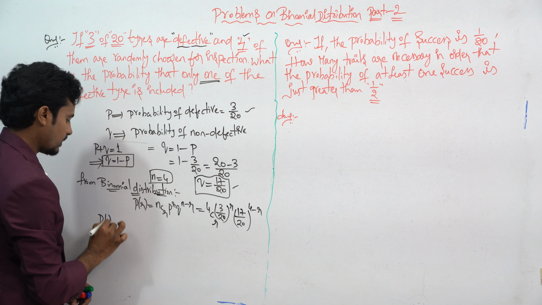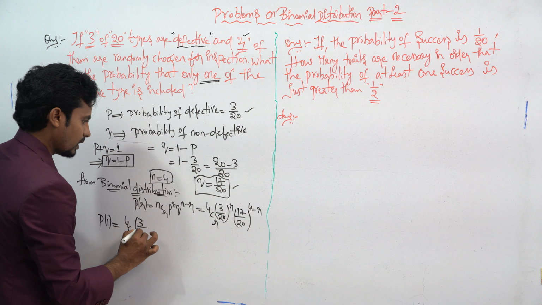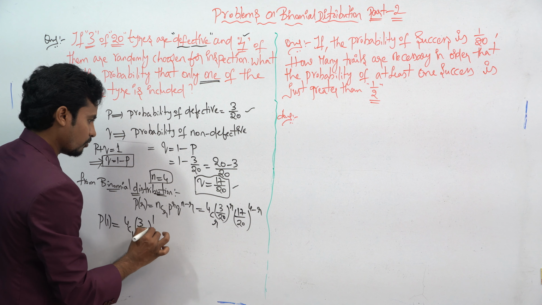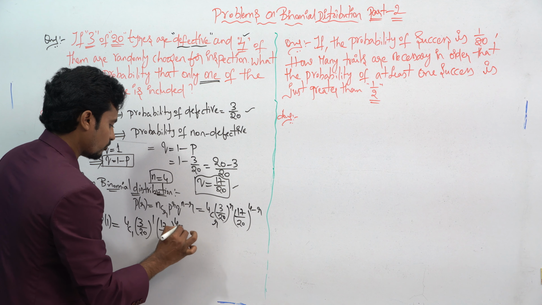So P of 1 is equal to 4C1 times 3 by 20 to the power of 1, times 17 divided by 20 whole to the power of 4 minus 1.